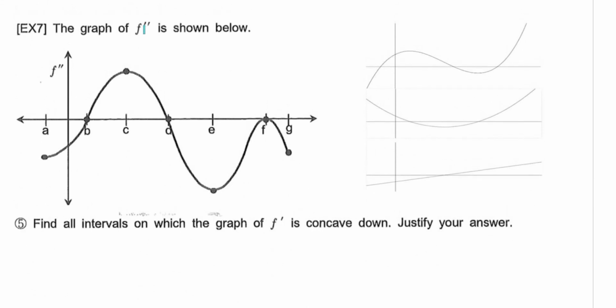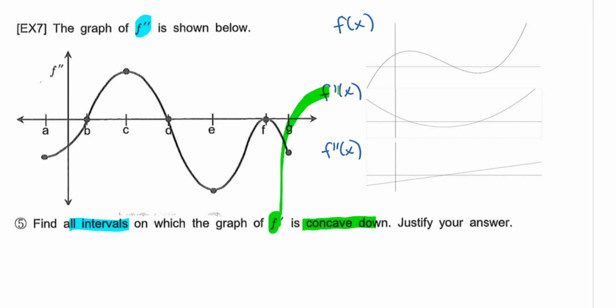And for the last question here, I'm given the second derivative, and I want to find all intervals on the first derivative where it's concave down, and I need to justify my answers. Okay, so if I use my cheat sheet again, here is the original function, here is my derivative function, and here's my second derivative function. Now the problem here once again is on my first derivative graph, is it concave down?